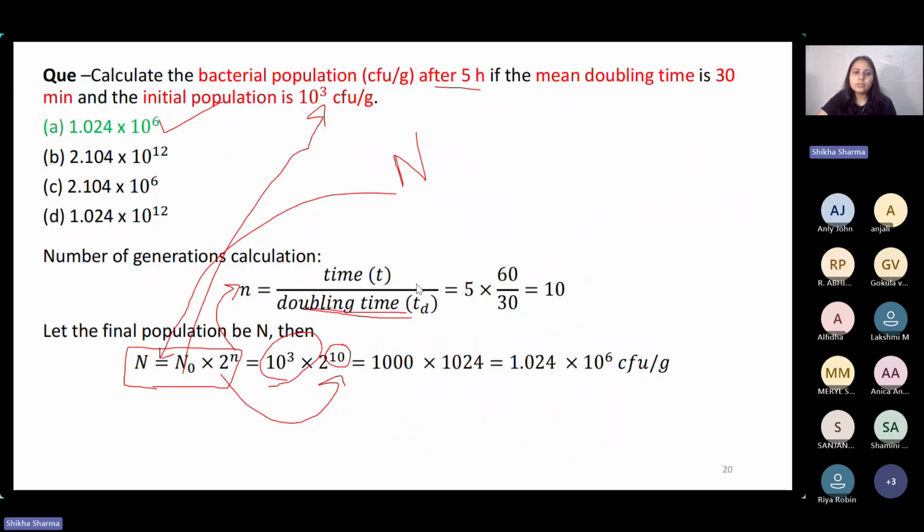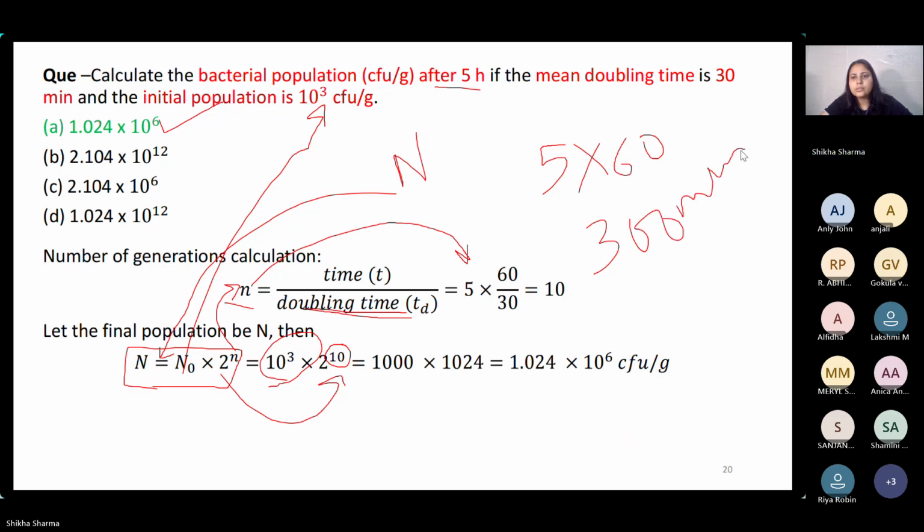The time for growing is 5 hours, so 5 into 60 is 300 minutes, which is divided by the doubling time, 30 minutes.